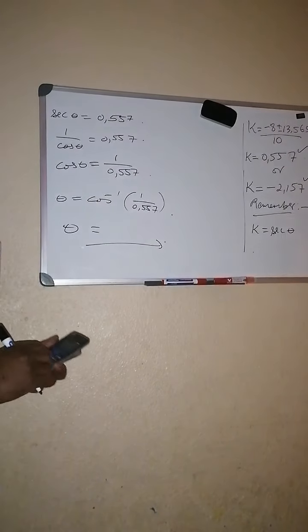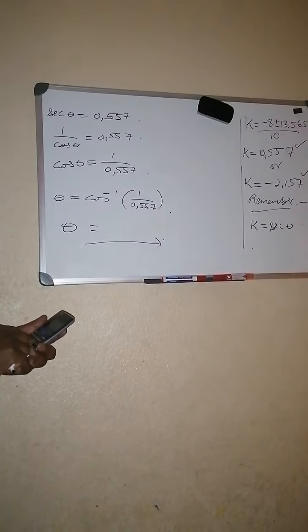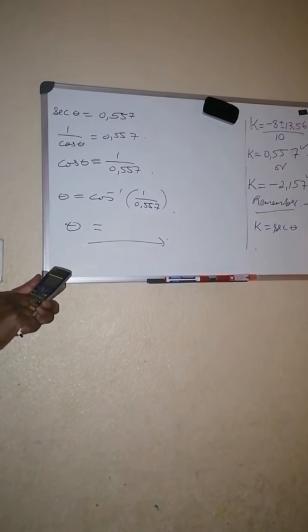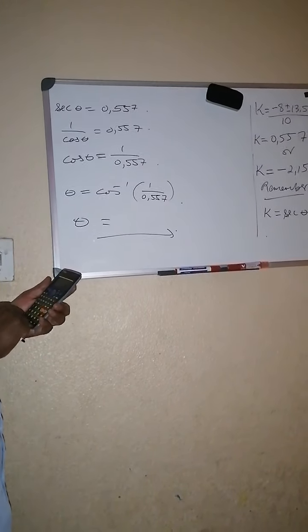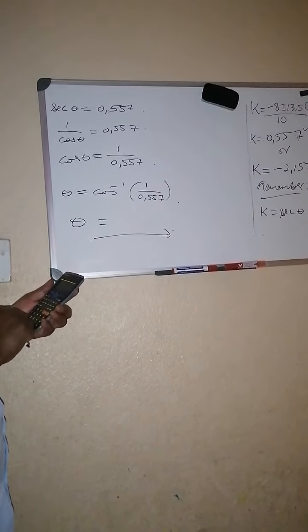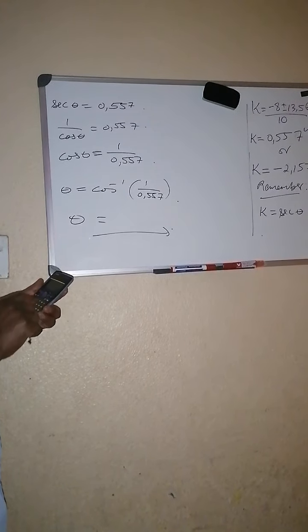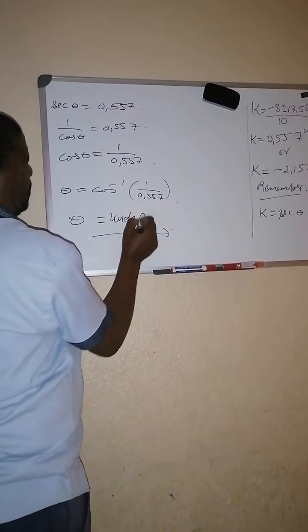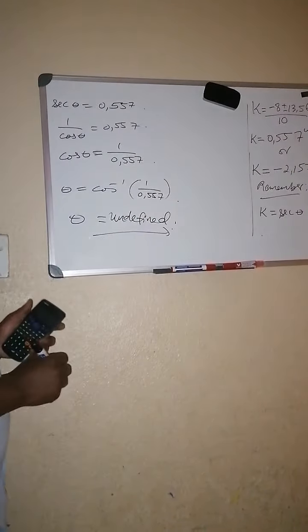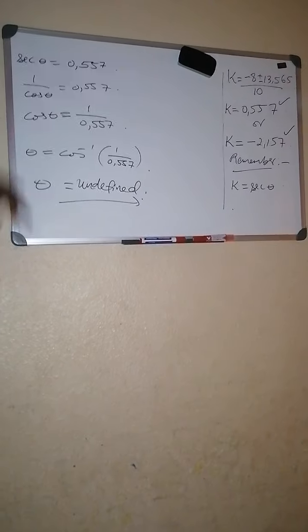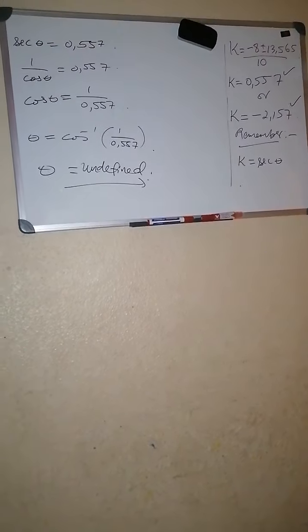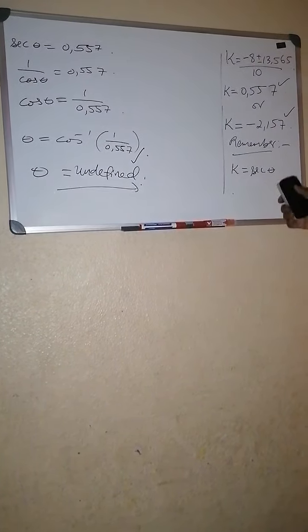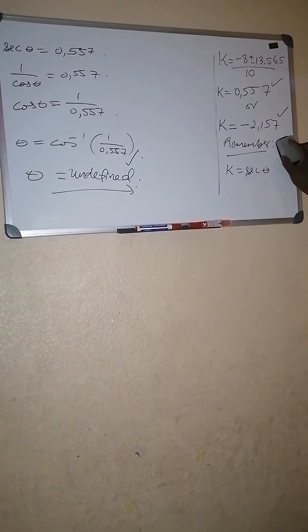I need to use the calculator to quickly say second function cos, then 1 over 0.557. This gives a math error, and this is saying it's undefined. So this part is undefined, but I think it's necessary that you show it undefined as it is. So let's check the other side.